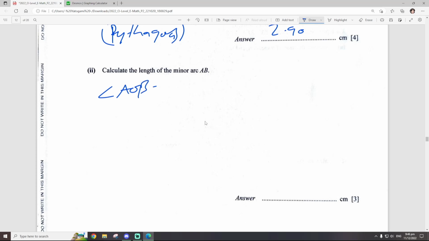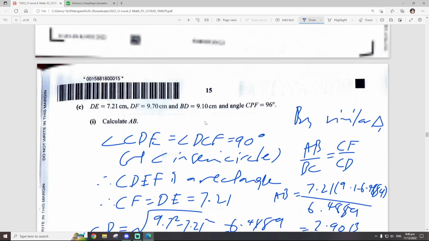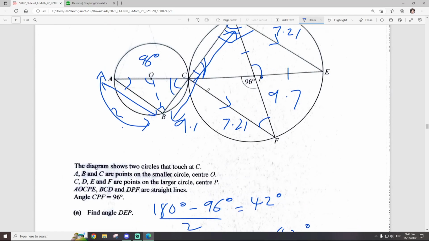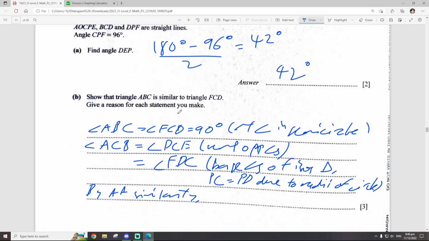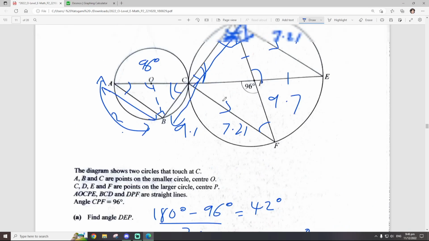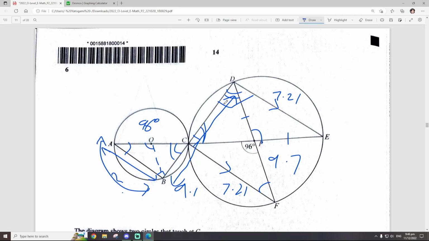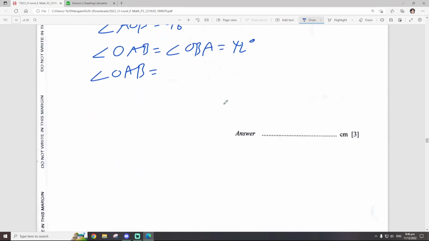If you want the full explanation, it's because angle OAB equals angle OBA equals 42 degrees, specifically because angle OAB equals CAB, which is DFC. Okay, so that is the reason.